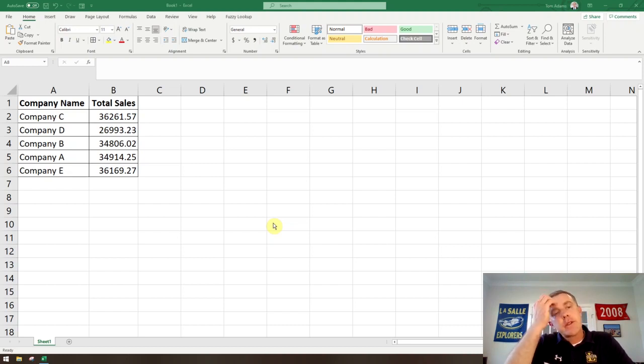And so we want to give to our CFO this information. One way we could do it is we could just give him or her this simple table. But it's not a very efficient or effective way to communicate this. Chances are he or she wants to know who had the largest amount of sales, who had the smallest amount of sales.